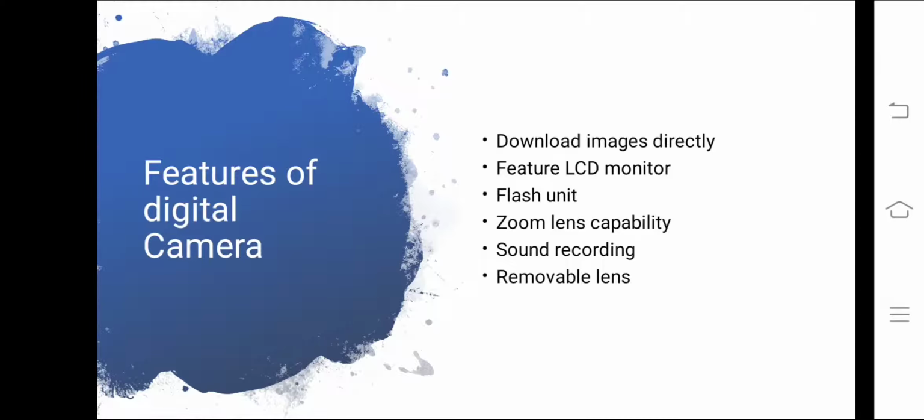Another is the zoom lens capability, wherein most digital cameras can have a wide angle lens, a normal lens, a telephoto lens, and sometimes a close up or macro lens. In other words, digital cameras have a variable lens or zoom lens, which is capable of taking a photograph of the desired feature of the image that the photographer wants.